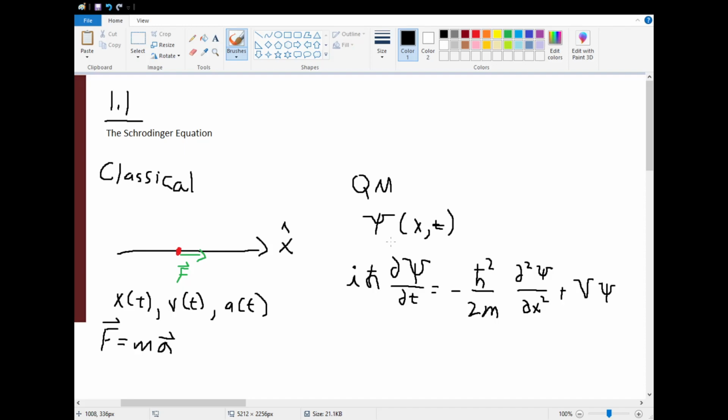This is by no means a simple equation like force equals mass times acceleration is. And indeed, many times, it actually is impossible to solve the Schrodinger equation for psi. This book will give a number of very specific situations where we actually can solve for psi. However, in most realistic systems, we actually can't.